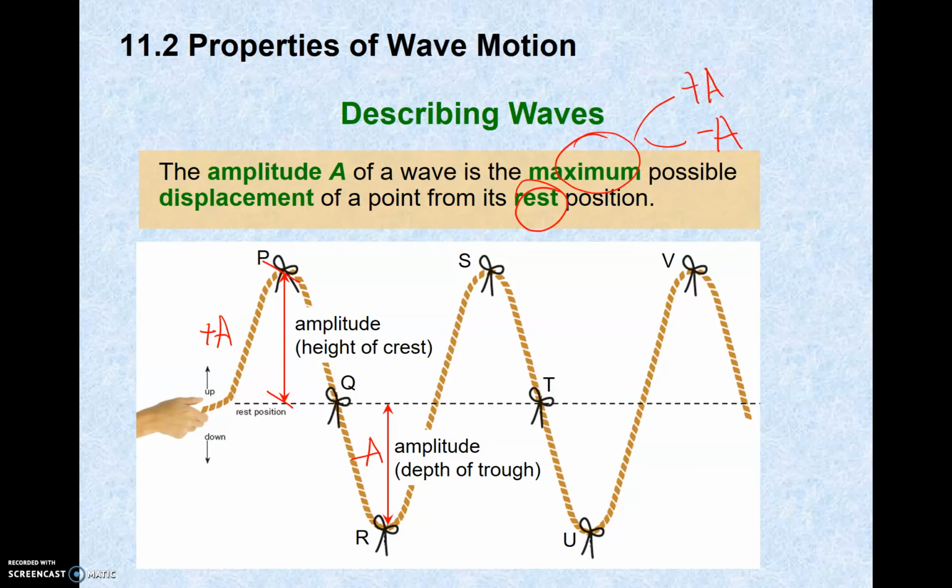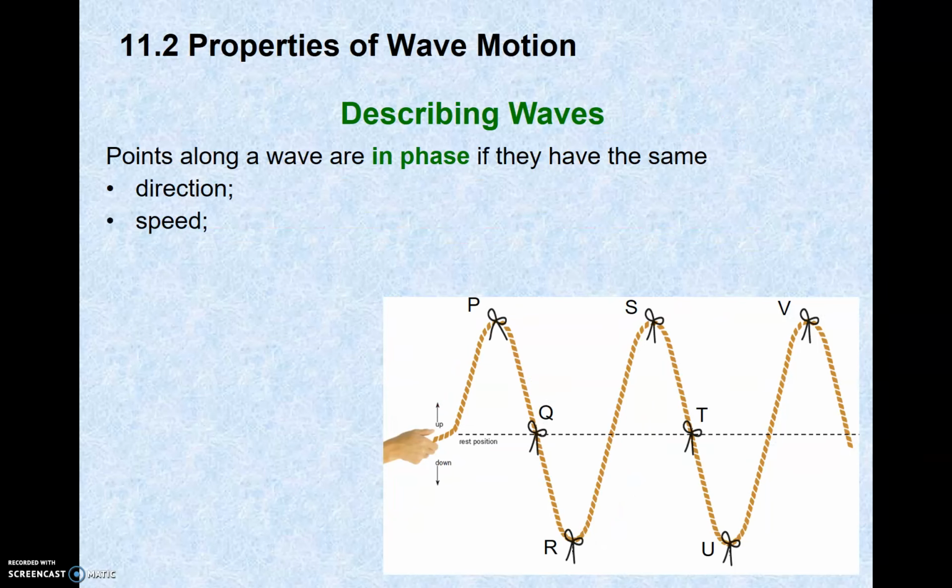The sign means whether it's measured from the rest to the crest, which is positive, or from the rest to the trough, which is negative. But the magnitude is the same. The plus and minus just indicate the direction.